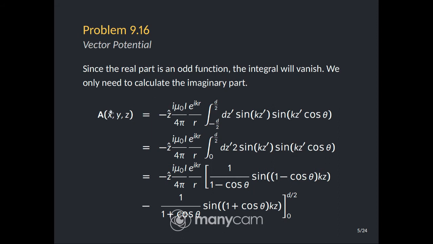So the vector potential is equal to, with the i coming from the exponential's imaginary part, sine kz prime cosine theta.